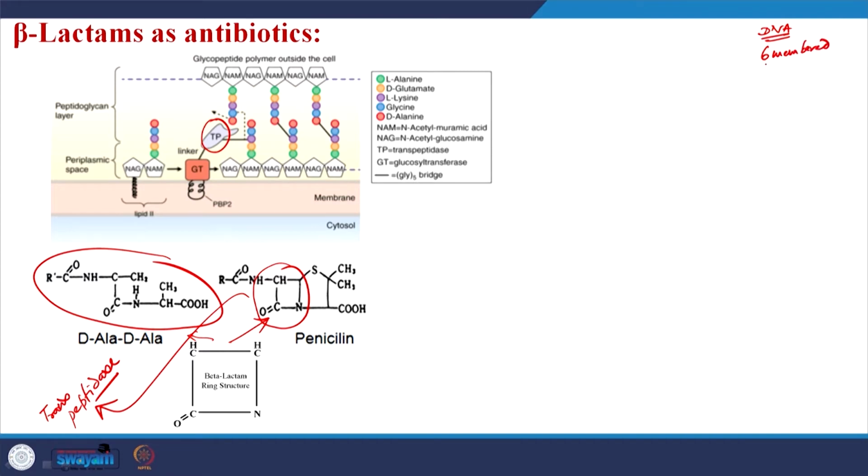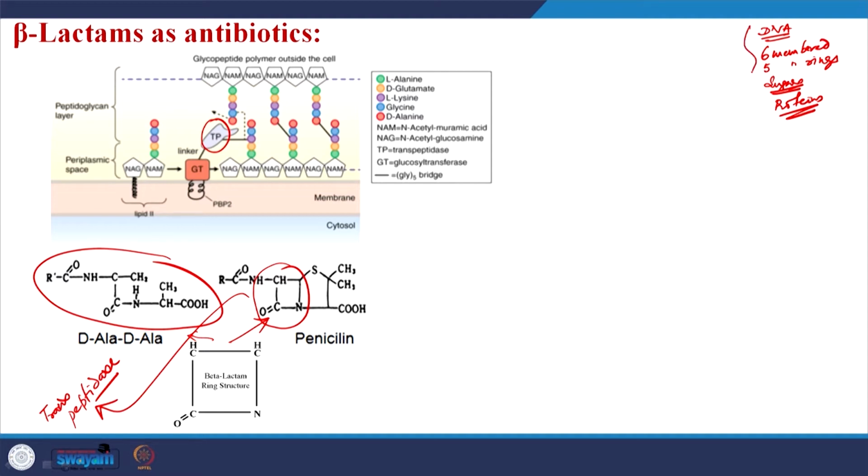You will see 5-membered rings. Same you will see in sugars, in proteins. Why does biology prefer 5 or 6-membered rings?